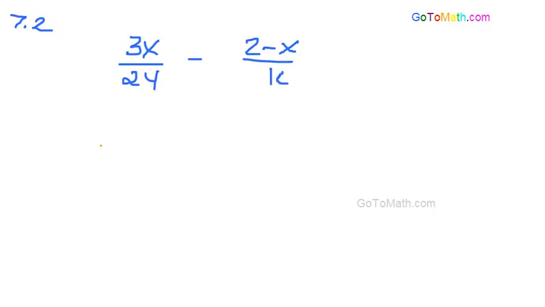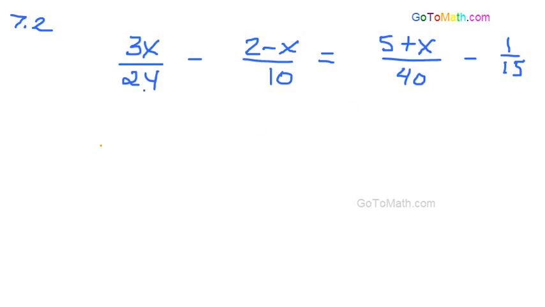Okay, so this is 7.2. What do we got going on here? 3x over 24 minus 2 minus x over 10, and that's going to be equal to 5 plus x over 40 minus 1 over 15.